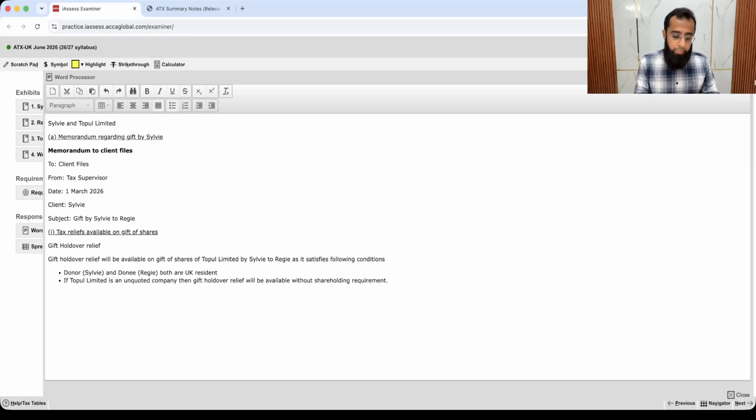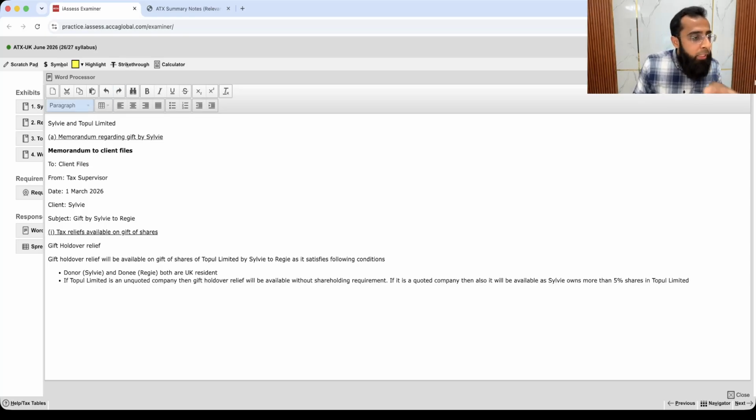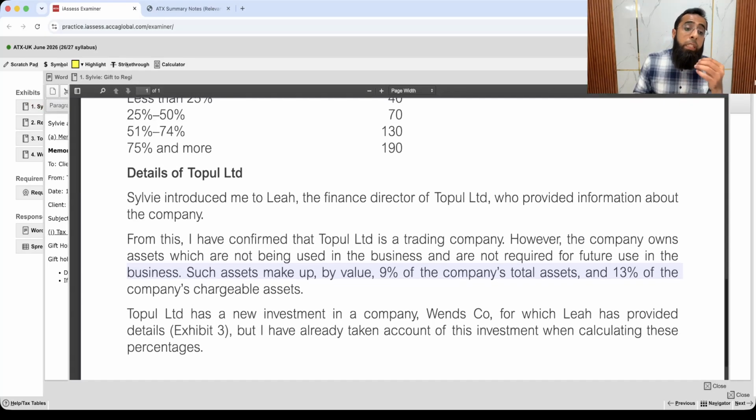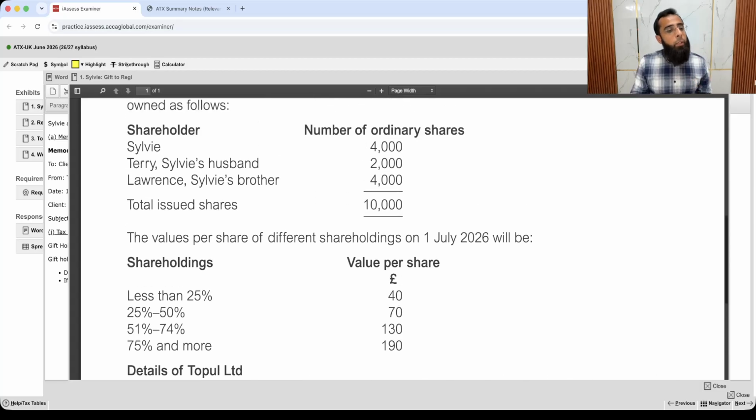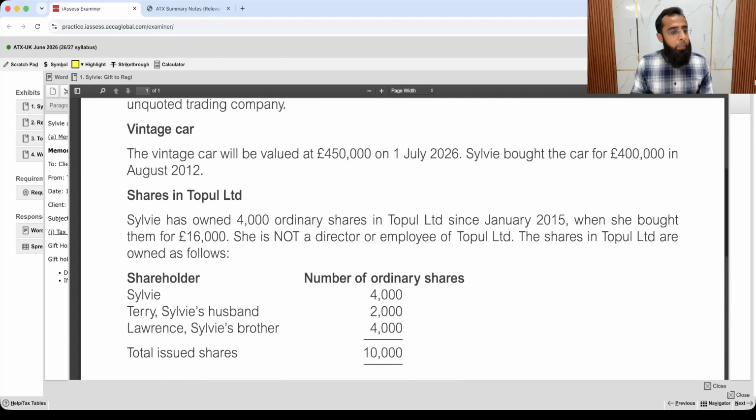And if it is a quoted company, then also it will be available as Sylvie owns more than 5% shares in Topul Limited. Okay. If someone would have just commented on a situation of unquoted company, that would also be okay. There won't be any issue in it. Okay, but if someone covers both quoted and unquoted situation, that is also acceptable.